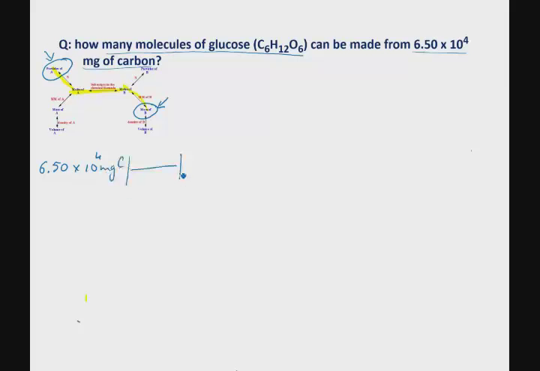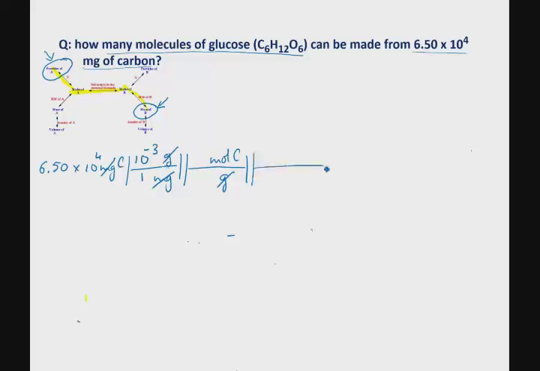Milligrams of carbon has to be converted into grams because molar mass, please remember, is always in grams. 1 milligram contains 10 raised to minus 3 grams. Once you have mass of carbon in grams, grams of carbon can be converted into moles of carbon.